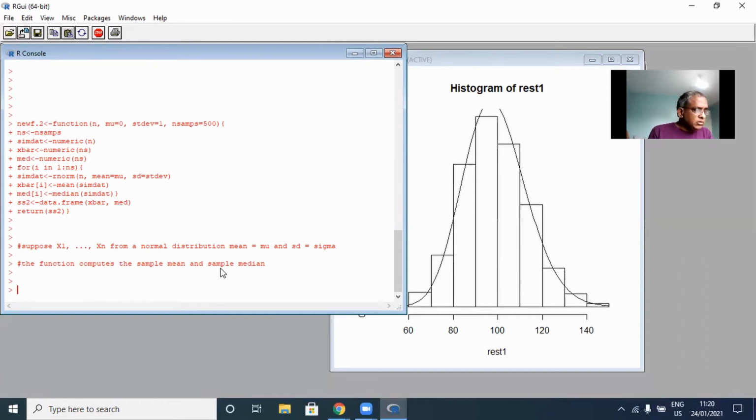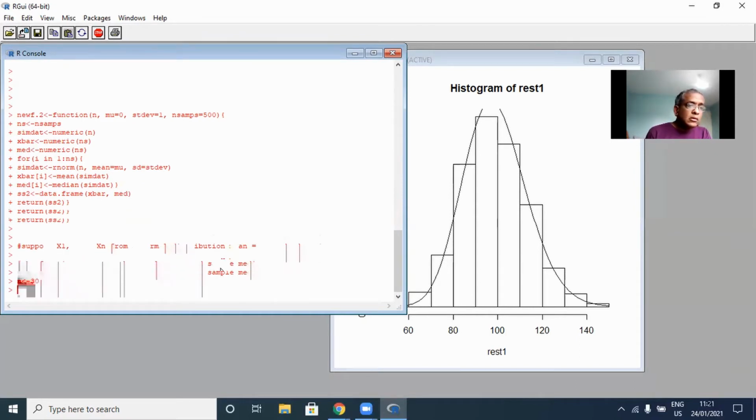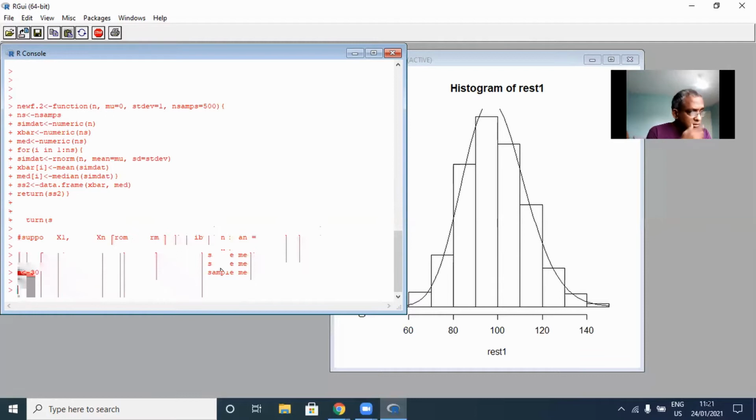All right, so let's start with n equal to 30. Okay, now for this, I'm gonna simulate with n equal to 30, and let's call this rest2.